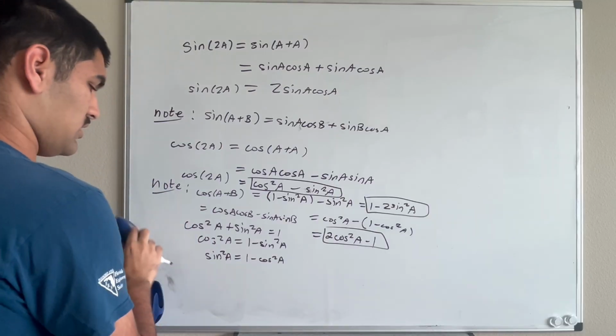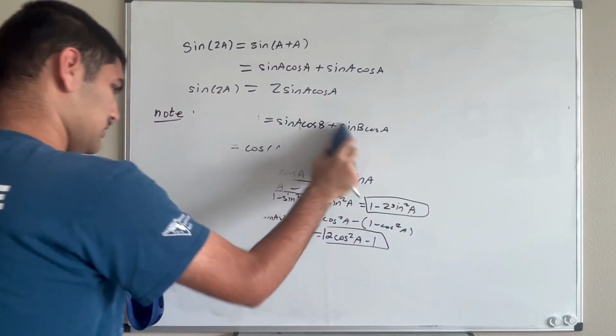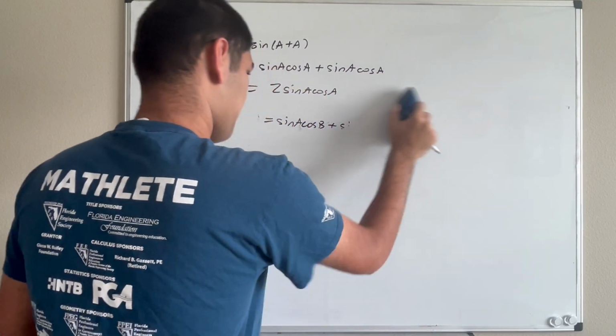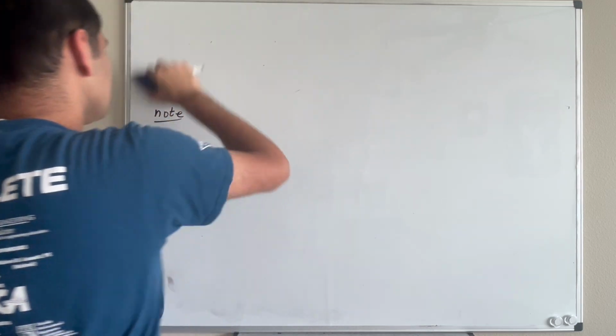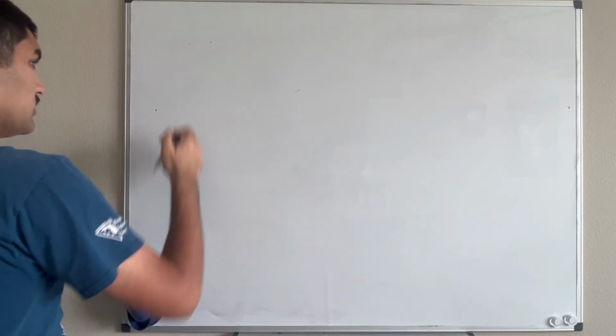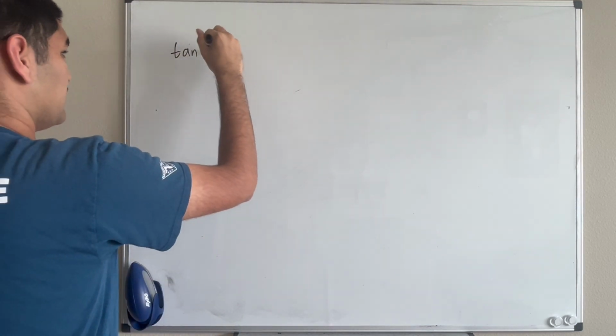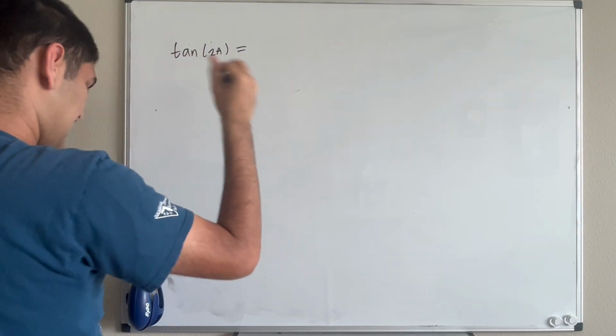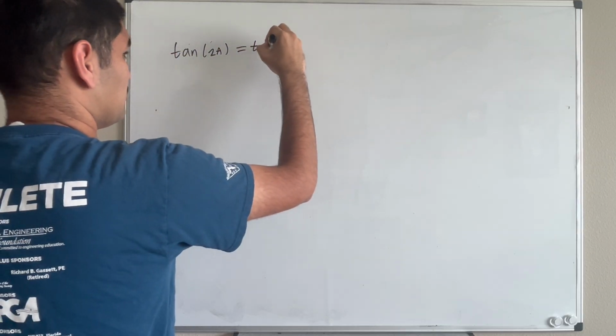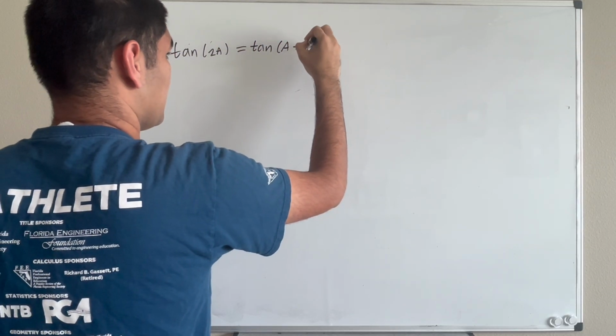And so then finally we have tangent of 2a. And it's the exact same thing. This is just equal to tangent of a plus a.